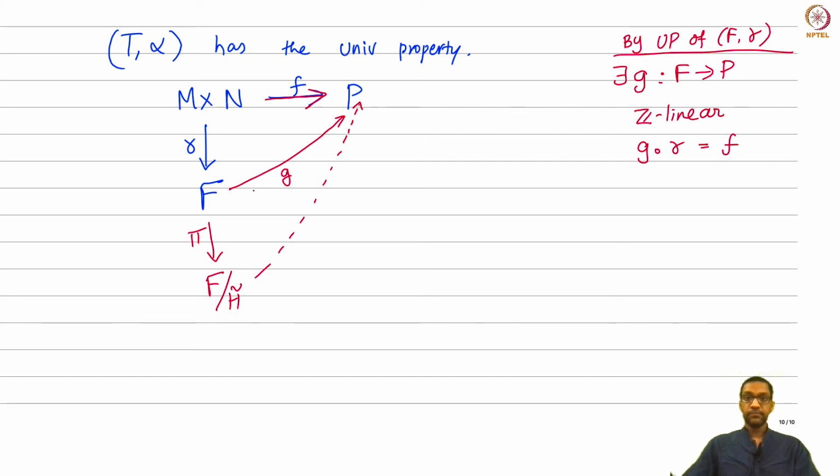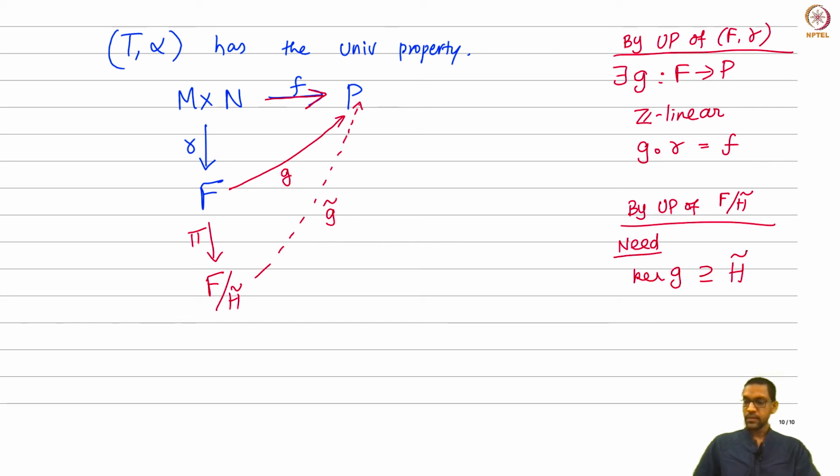If this map G has the property that its kernel contains H tilde, then there is a unique map from the quotient to P. But before we use it, I need to first check that the kernel of G contains H tilde. In other words, it's enough to check that the generators of H tilde all belong to the kernel.